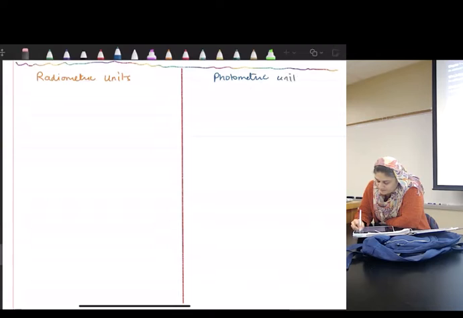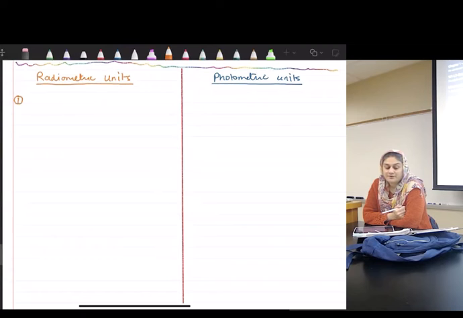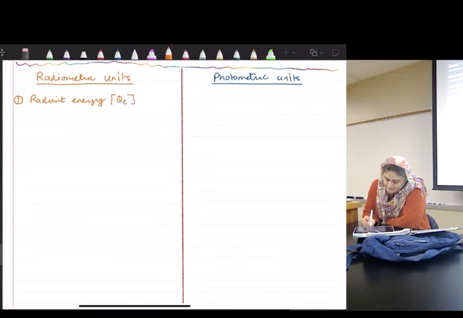Okay, now can everybody take out your notes from last time and tell me what was the first radiometric unit we used? Radiant energy. Do you remember the symbol? And the unit?